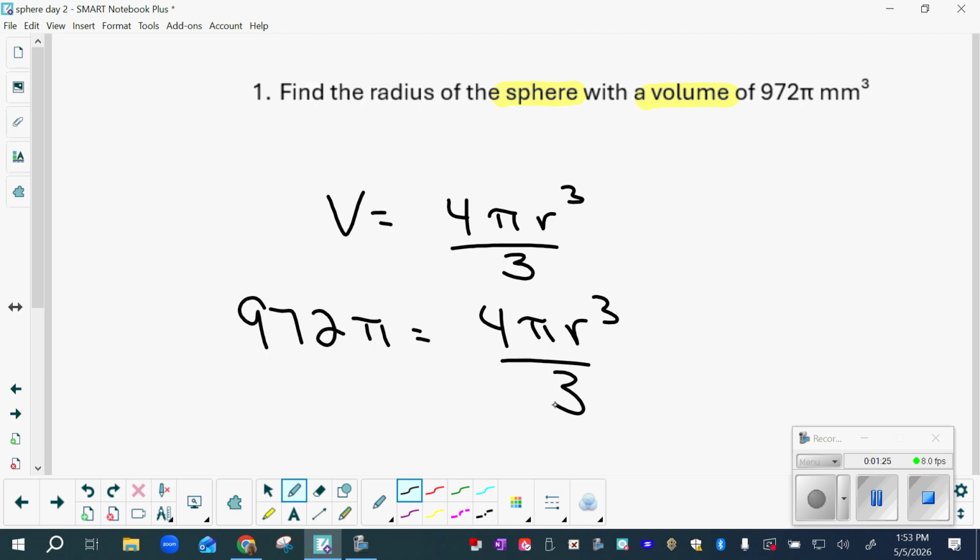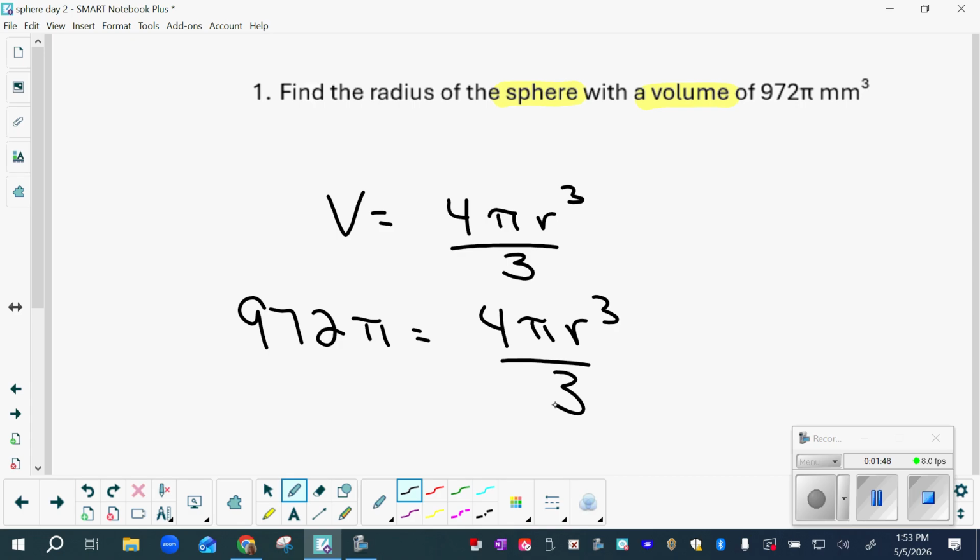Now, the first thing I'm going to tell you is what third period kept wanting to do. They wanted to multiply by pi. And we're not going to do that because you guys are heading to Algebra 2 and Algebra 2 Trig next year. And the reason we often leave things in pi is because if there's a pi on one side and a pi on the other, you can cancel them out, right?